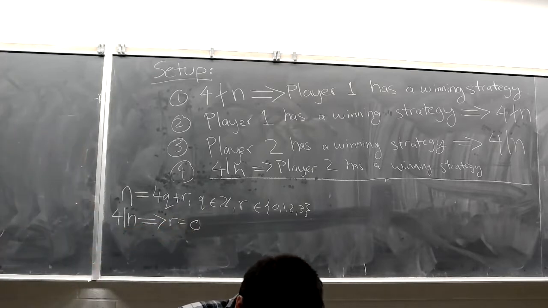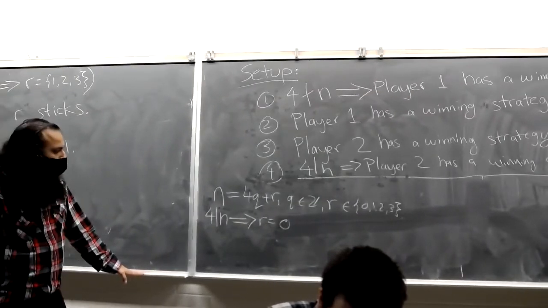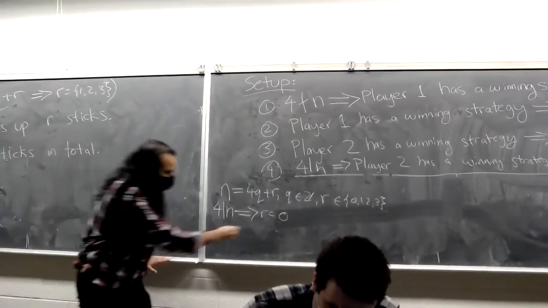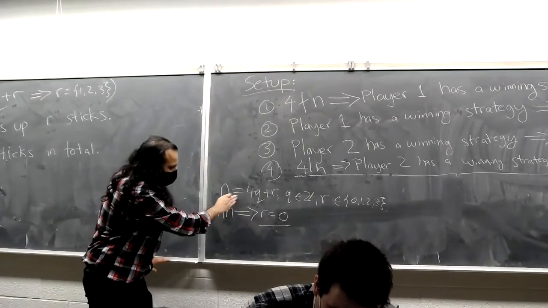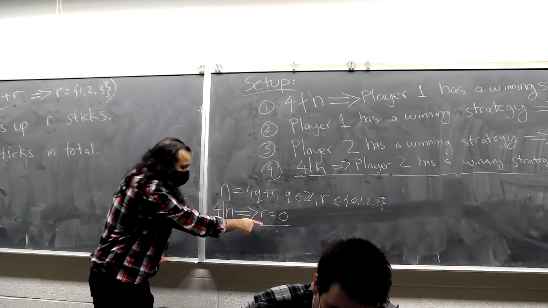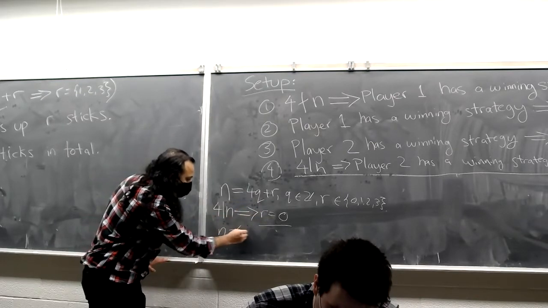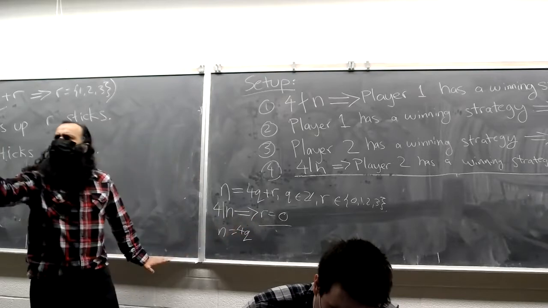Now, we have 4 divides n. You don't need to use this, but I'm basically saying n equals 4q plus r. If 4 divides n, the only way that can work is if r equals 0. So that means n equals 4q. Can you still see that at the back?